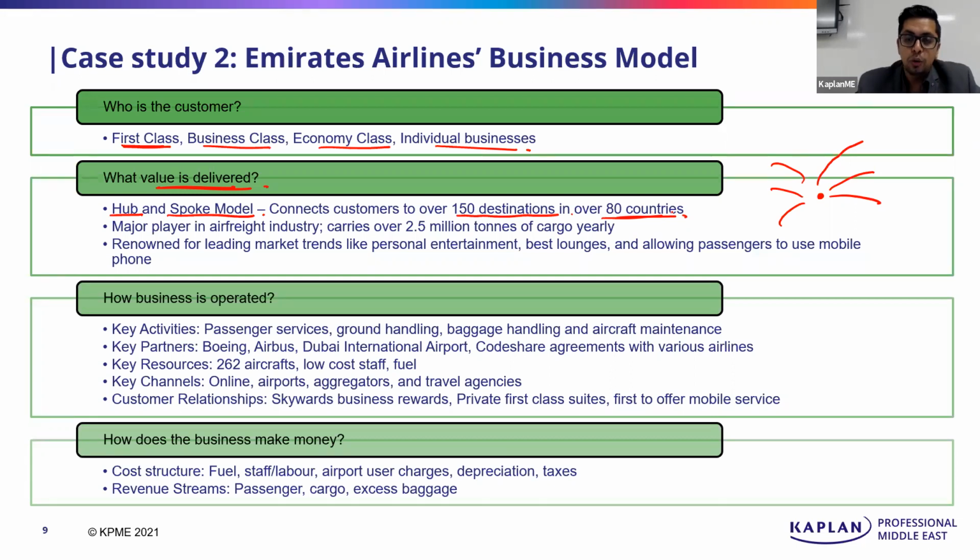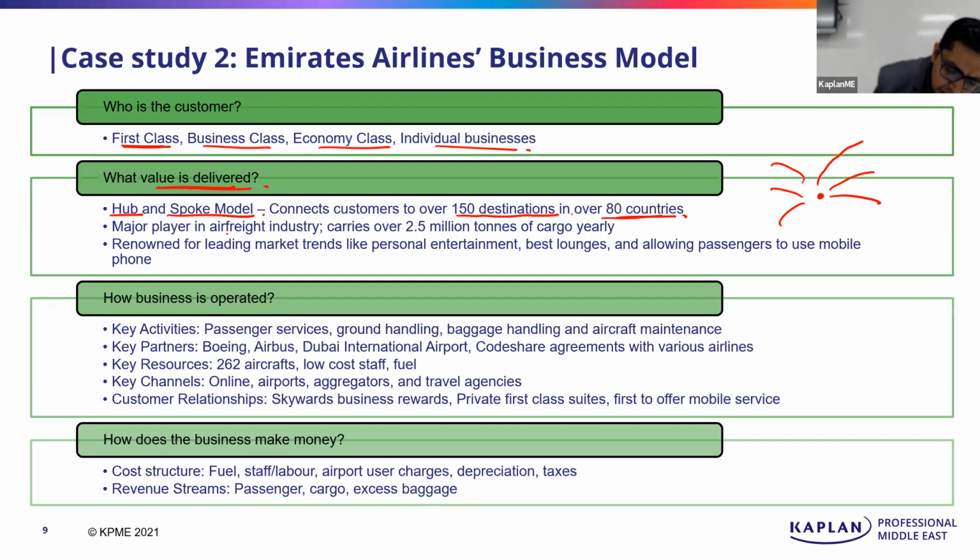People from some of these Asian countries would stop over at Dubai, and then from Dubai they might get a cheaper flight because there is more traffic from Dubai to countries like, say, Ireland. So the hub and spoke model is obviously the value addition for the customers.